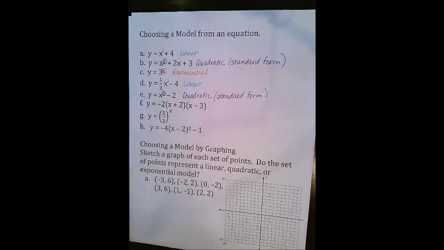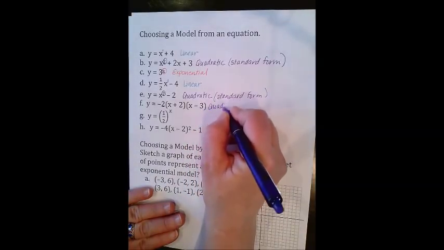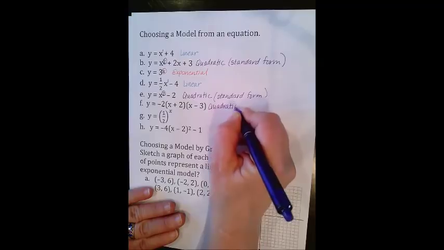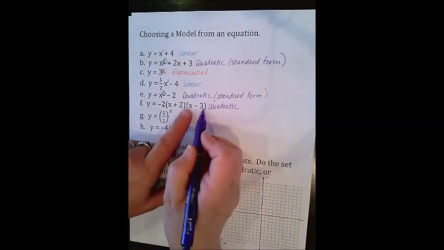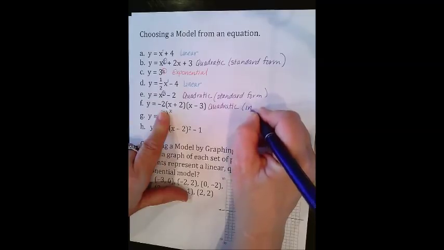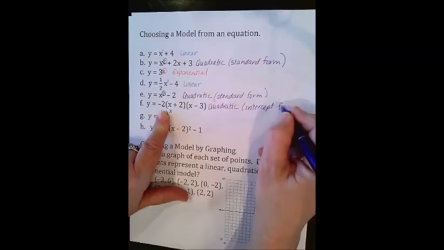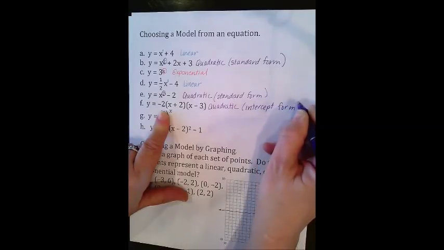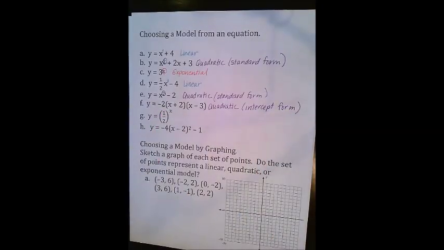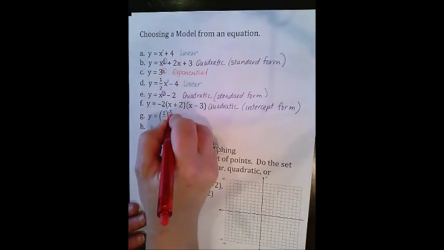Okay, then next we have a different form of quadratic. This is the one where we have 2 parentheses, and those 2 parentheses will indicate what our x-intercepts are. And so we call this the intercept form. Next one, again, our exponent is our variable.